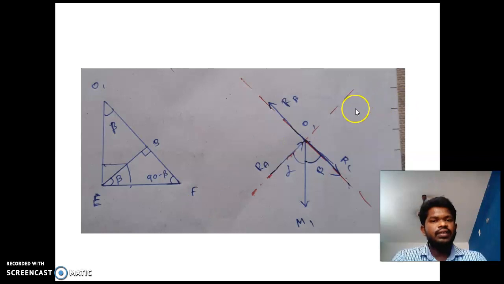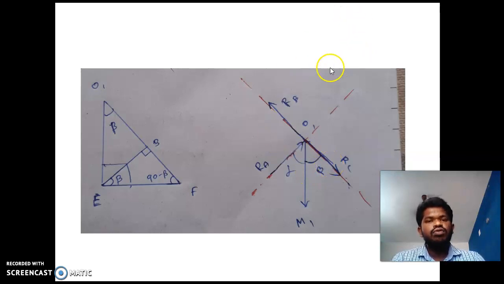So we idealize sphere 1 as a particle, and we apply all the forces acting on the body. Here we use the trigonometric concept. We draw two similar triangles, and we use normal trigonometry to find the alpha and beta angles.